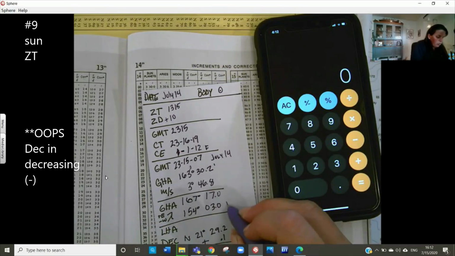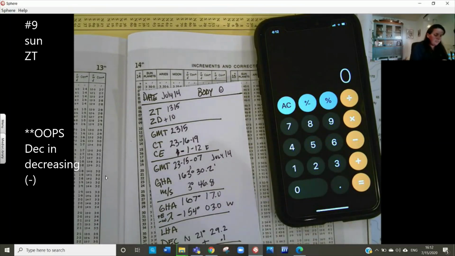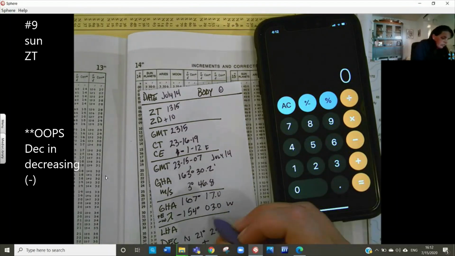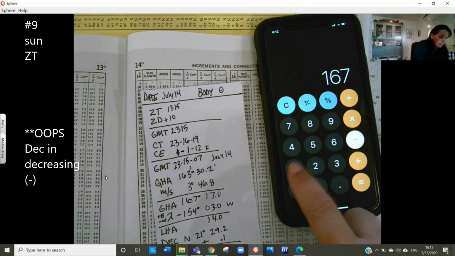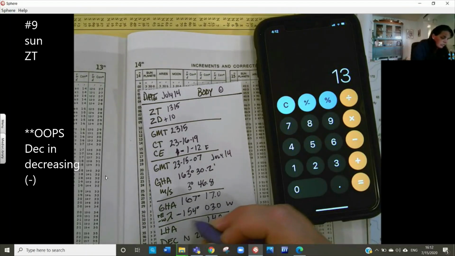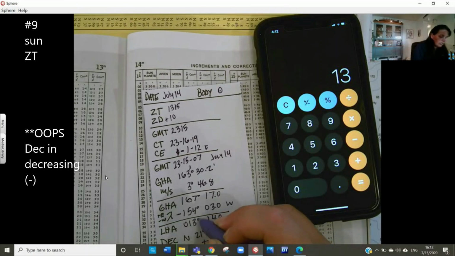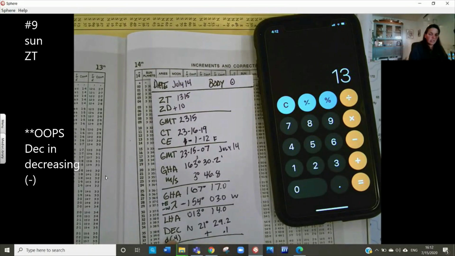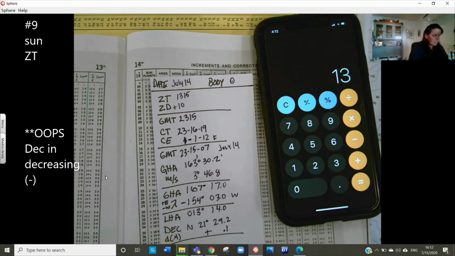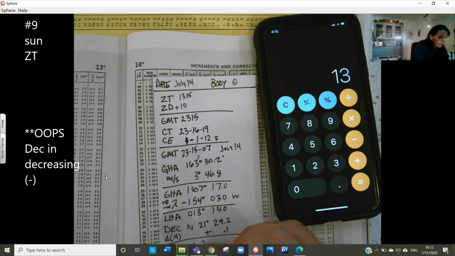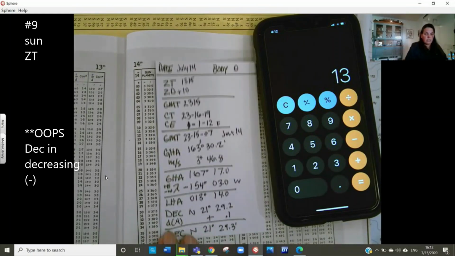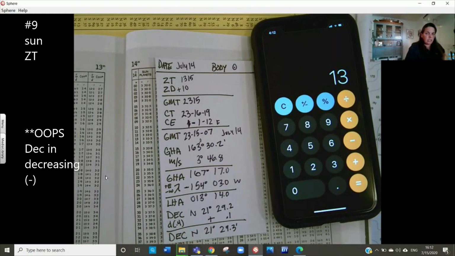And that is west, so we're going to be subtracting. So 17 minus 3 gives us 14. Gives us 0.3 degrees. We have an LHA of 013, 14 minutes, and our declination is north 21 degrees, 29.3 minutes. And that's our answer for number 9.